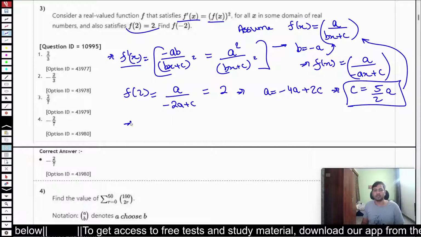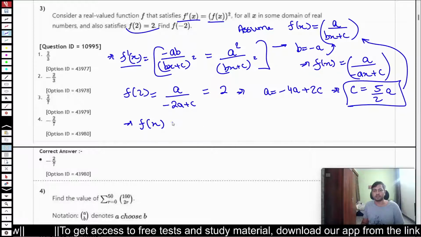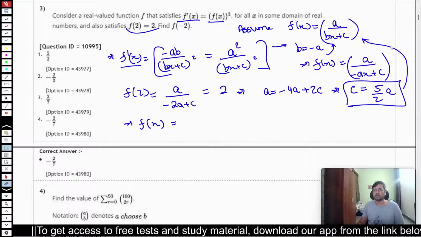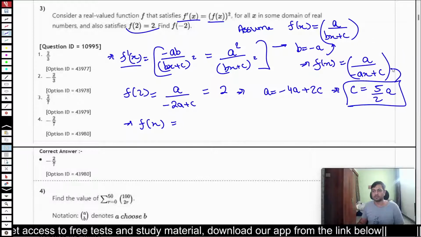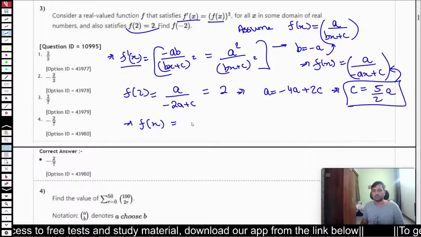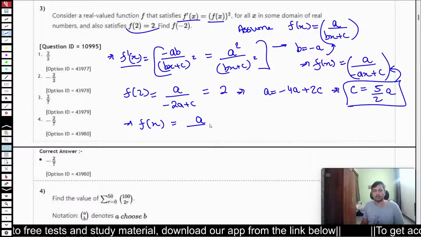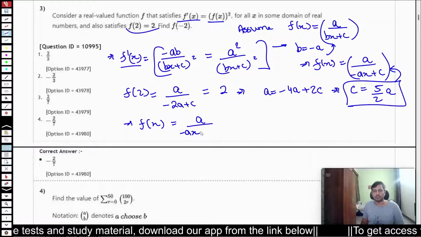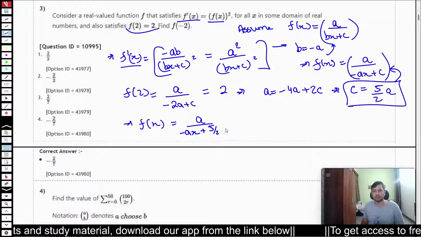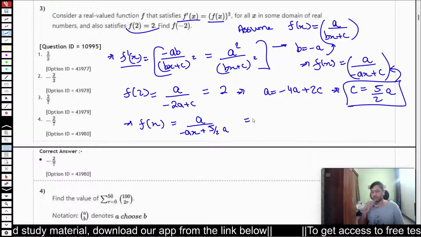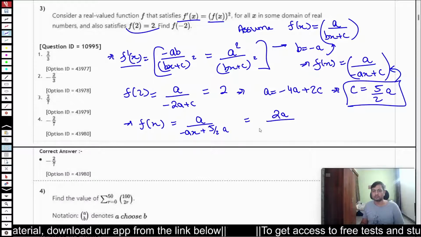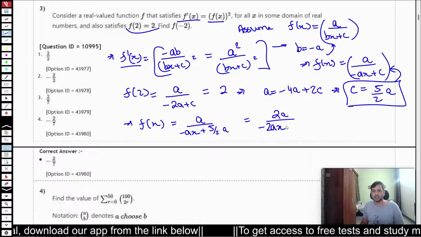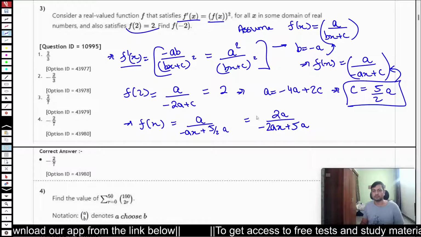So what I get is f of x is equals to, or rather in this जो एक derived function मैंने already बना लिया है, मैं उसमें substitute कर देता हूँ इसको in this one. So f of x is equals to a upon minus ax plus 5 by 2a. या फिर if I multiply both the numerator and denominator by 2, it becomes 2a upon minus 2ax plus 5a.